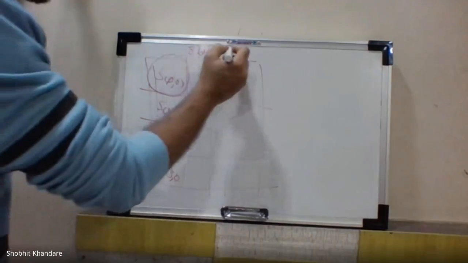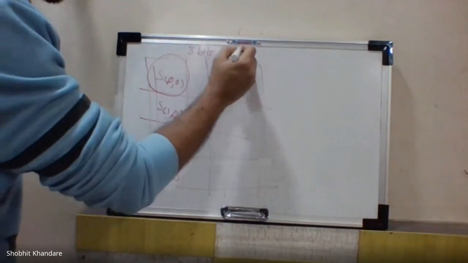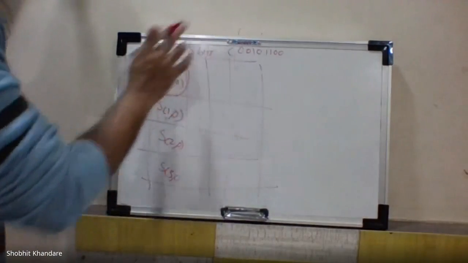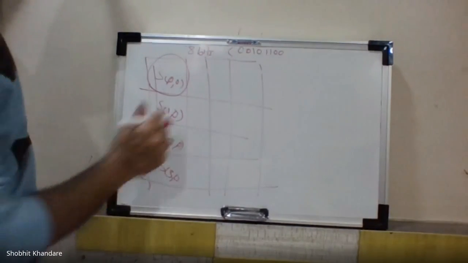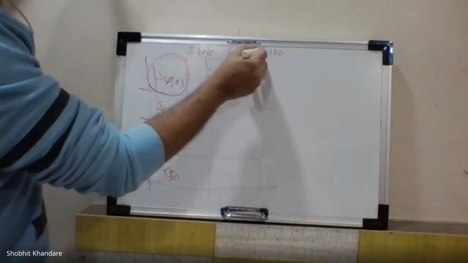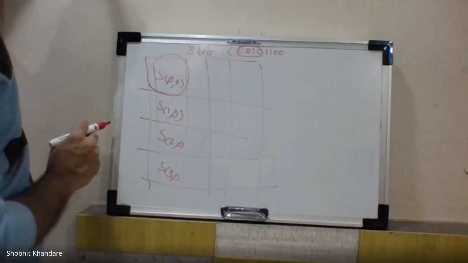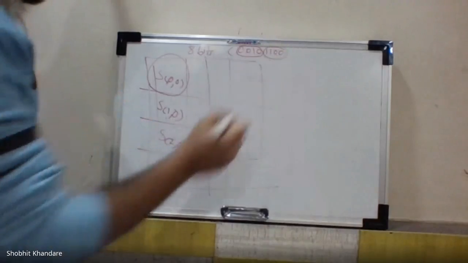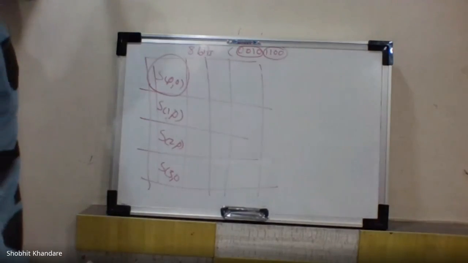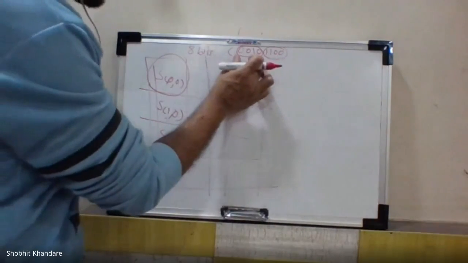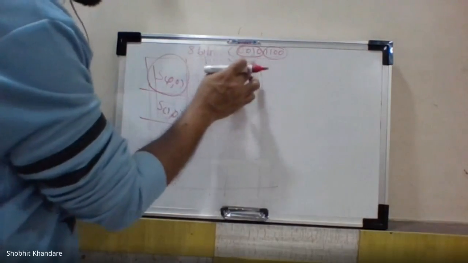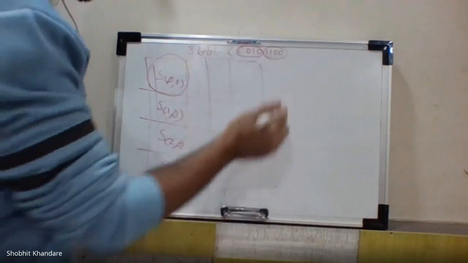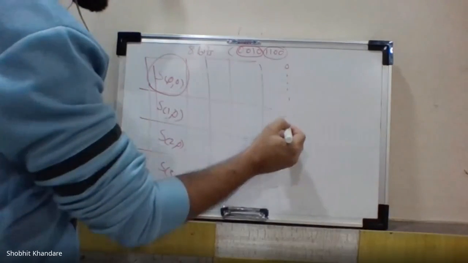I have given an example: suppose my 8 bits are 0,0,1,0,1,1,0,0. You consider the first 4 bits as the row number and the last 4 bits as the column number. 4 bits give 2 to the power of 4, that is 16 rows, so rows are from 0 to 15.